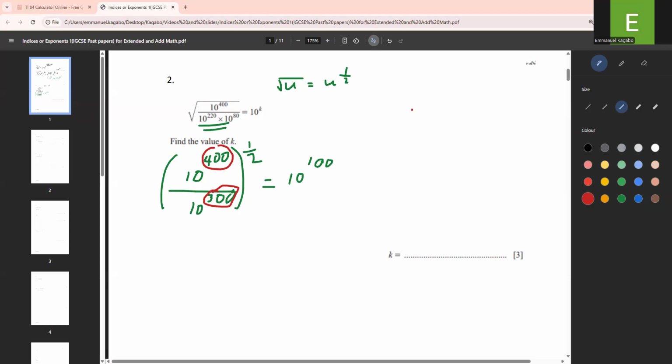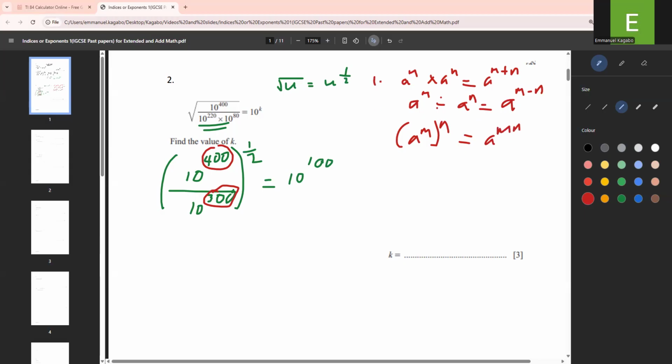Maybe I can write the rules here very fast. a power m times a power n is equal to a power m plus n. You should be familiar with that. a power m divided by a power n is equal to a power m minus n. Now a power m, then everything power n, will be a power mn.